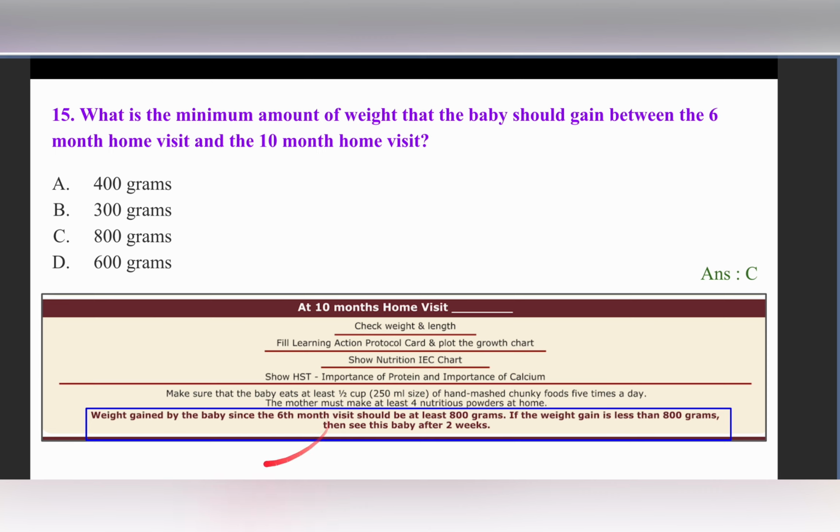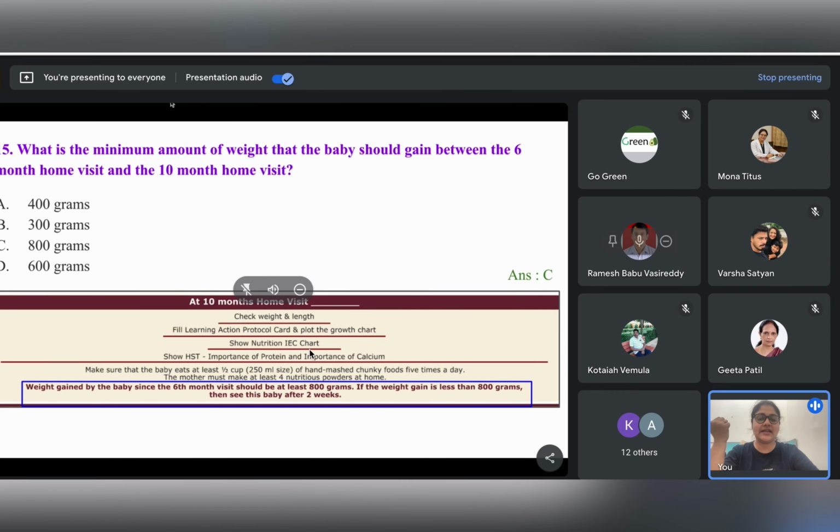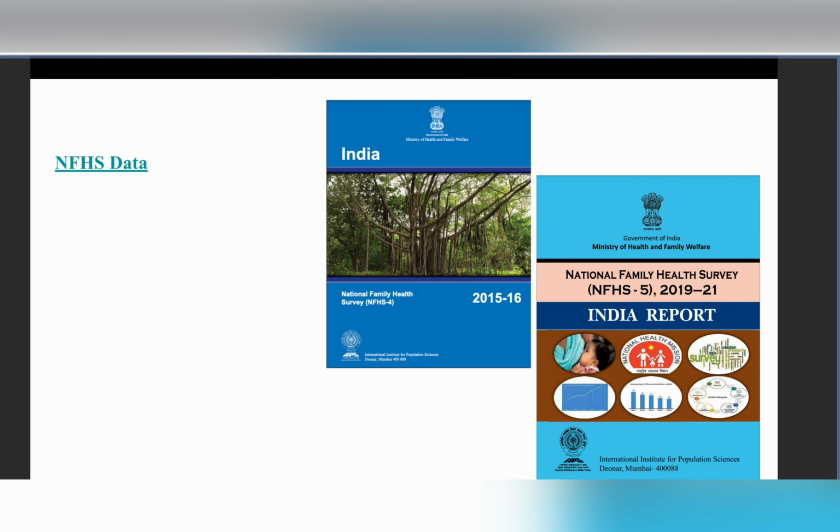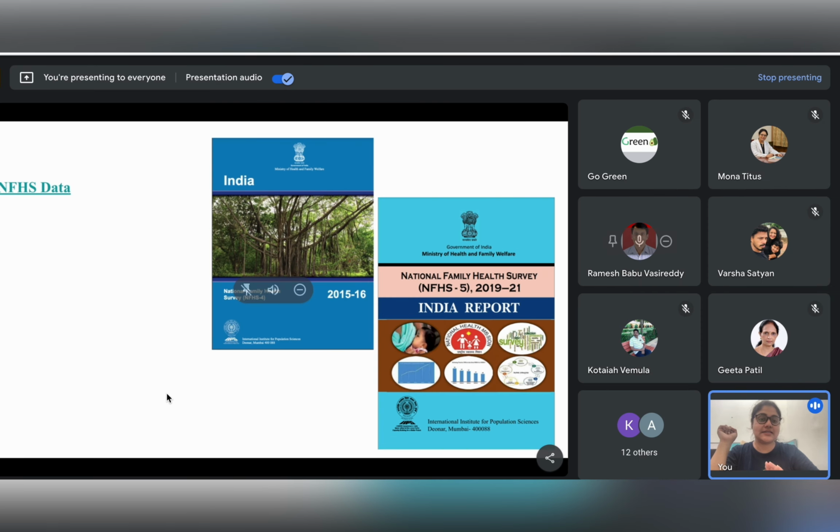And from the 6th month visit to the 10th month visit, it should be at least 800 grams of weight gain, right? So please go through this specific information in the learning and action protocols, okay? And yeah, for today, this is the last problem on the different learning and action protocol content.